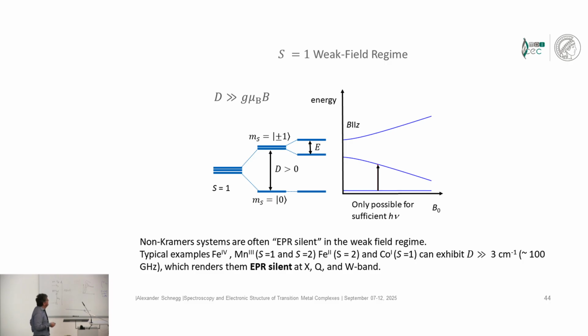This would not be a triplet, but it is S equals 2, but the same holds true for it. Cobalt 1, they all have oftentimes zero field splittings which are above what is easily accessible with standard spectrometers. And even high field EPR oftentimes gets to its limits for these states.